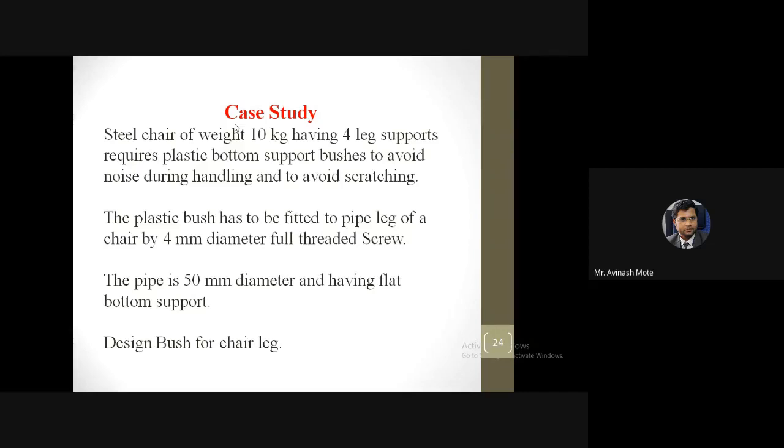Now see, automatically we'll have to start imagining this concept. The chair is there, 4 legs are there, and when you think about the 4 legs, you will get a picture that the leg can be of 2 to 3 types.